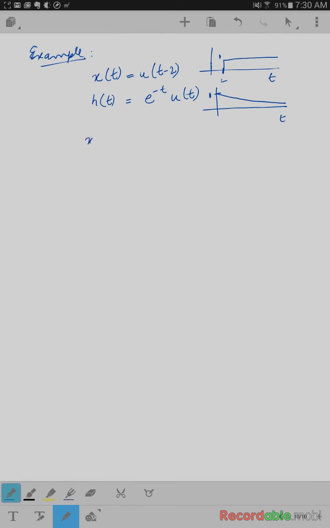Well, let's plot them. So the plot is x of tau, and x of tau looks exactly like x of t. So at 2 it goes, and then it has a step function. And now let's plot h of t minus tau versus tau.